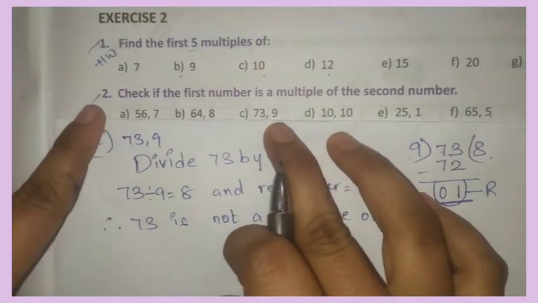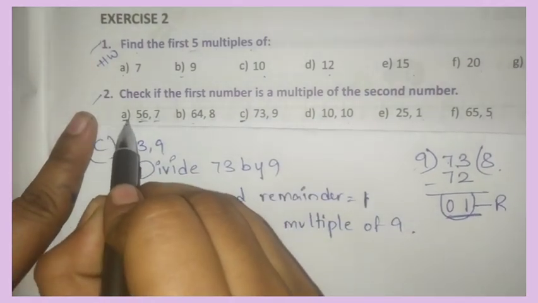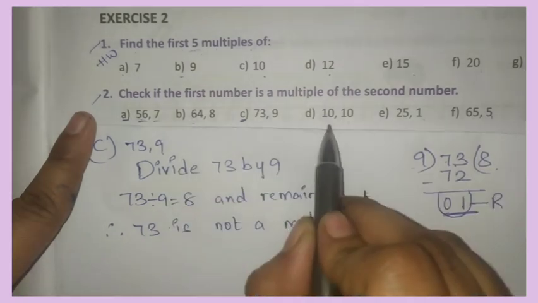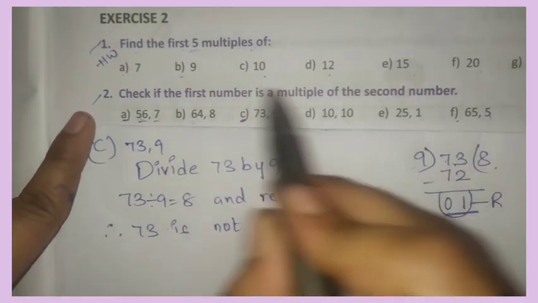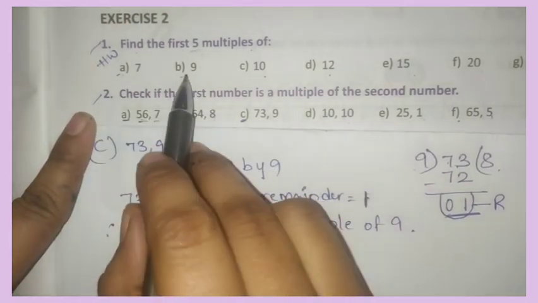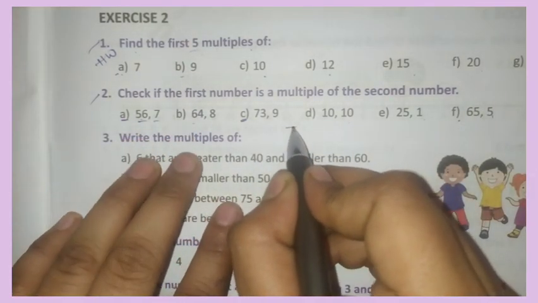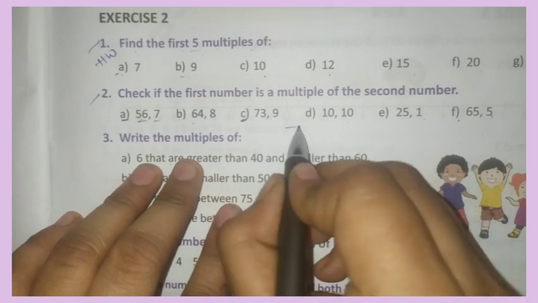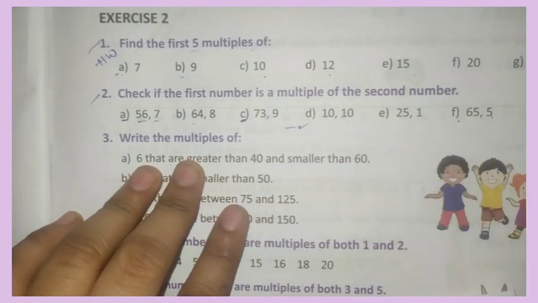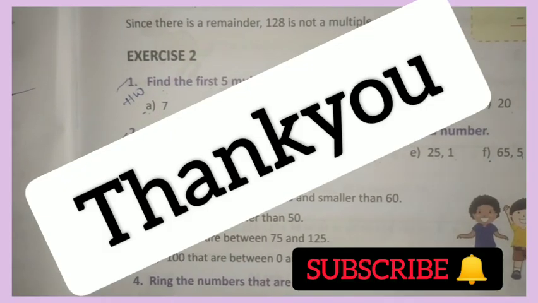I have explained A and C. You have to do B, D, E, F. I have explained A here, you have to do all the remaining. Complete your notes up to the second bit. Okay, thank you.